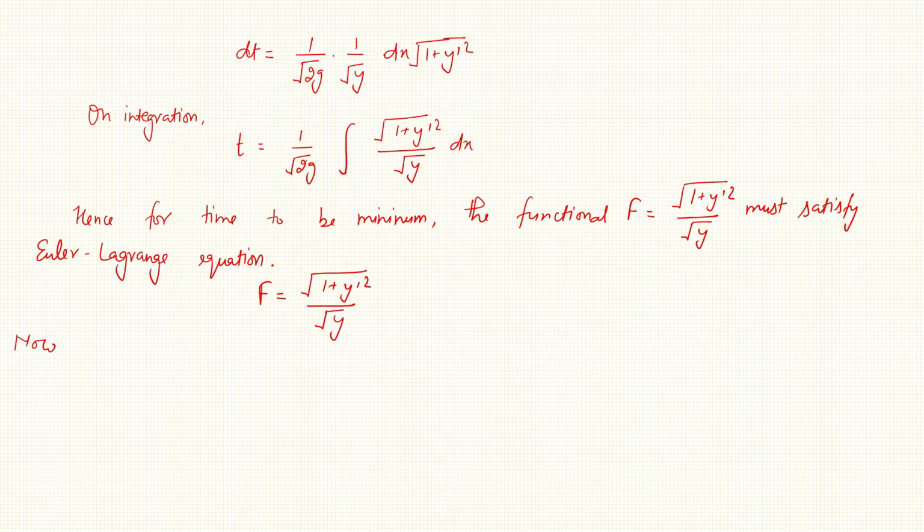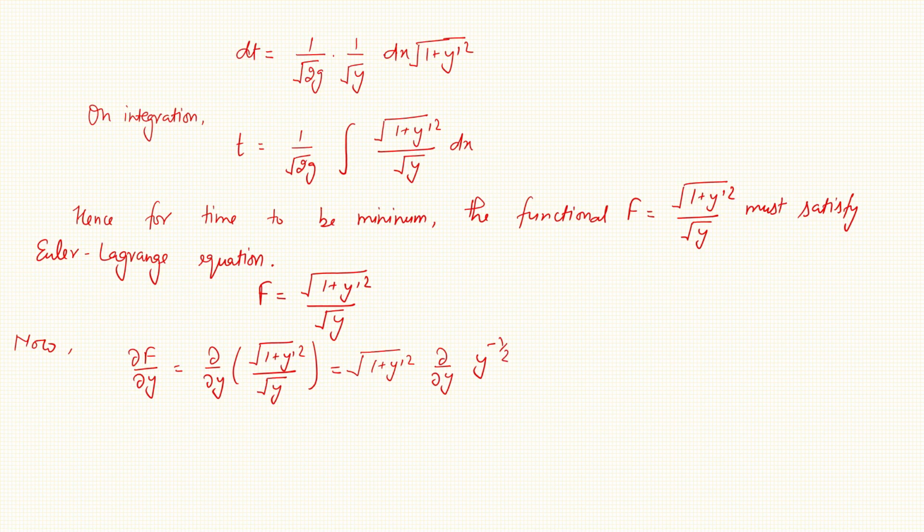Now ∂f/∂y will be ∂/∂y of √(1 + y′²) divided by √y, which is √(1 + y′²) ∂/∂y of y to the power minus half.